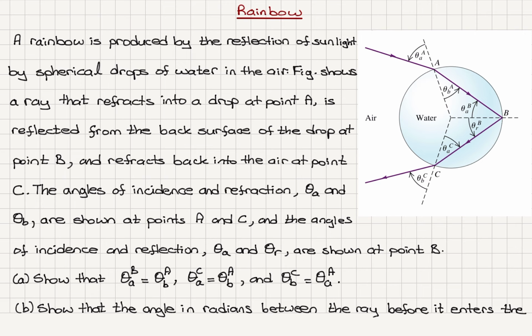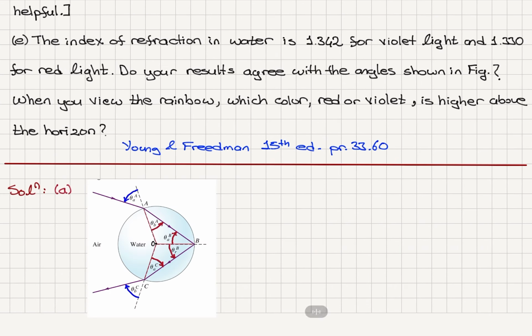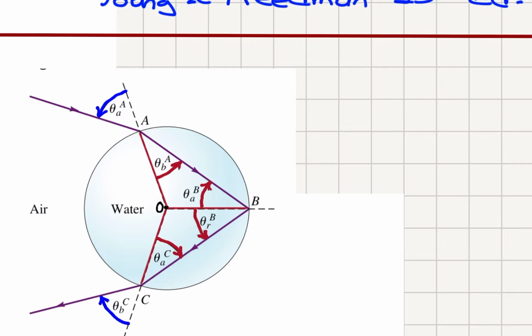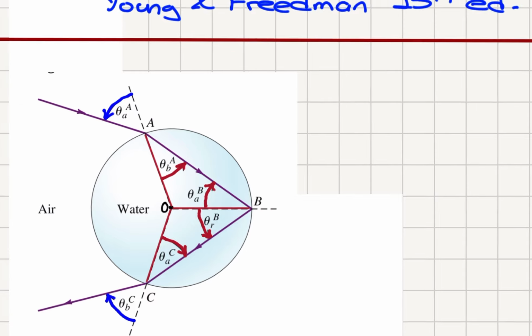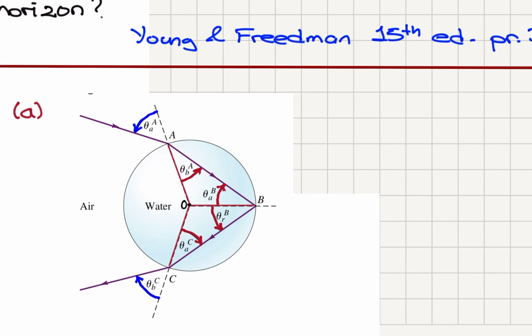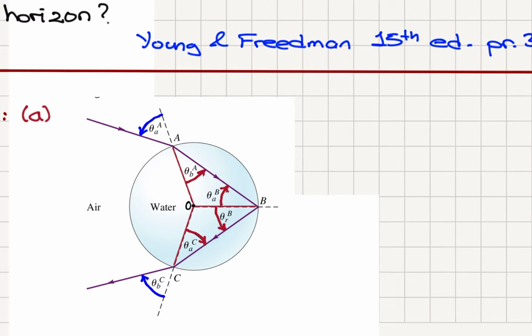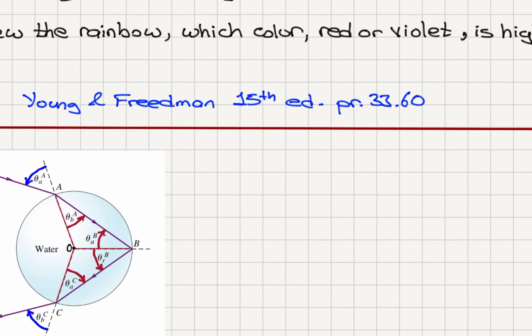Okay, so if I look at this geometry carefully, I see that drawing the connection between point A and the center point here, OA distance is equal to OB distance is equal to OC distance. So I have these three distances equal to the radius of the sphere.